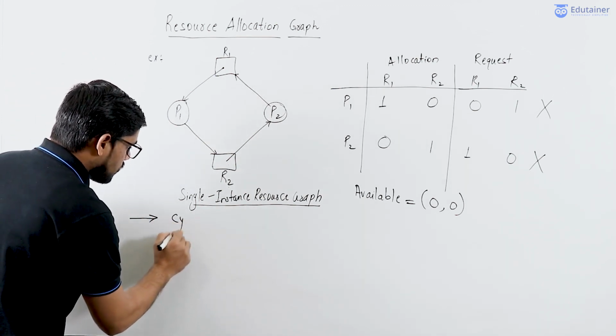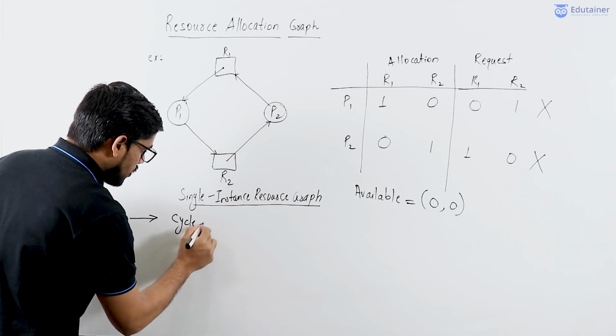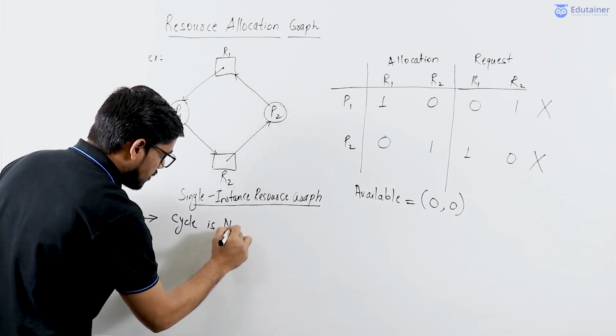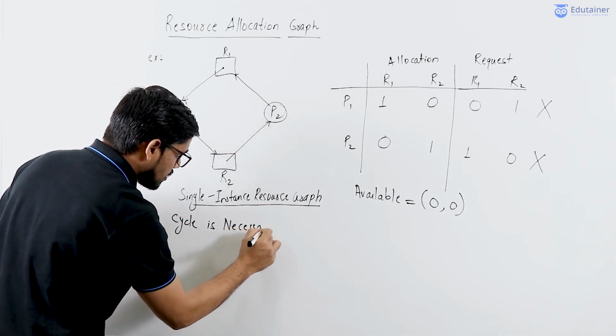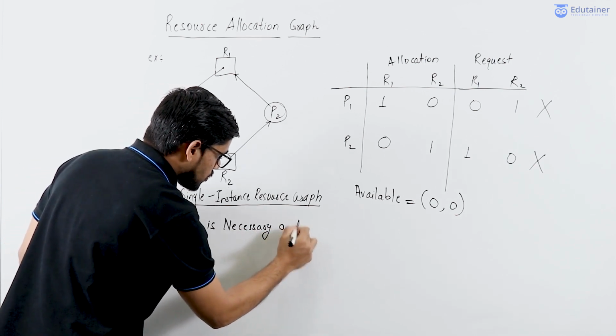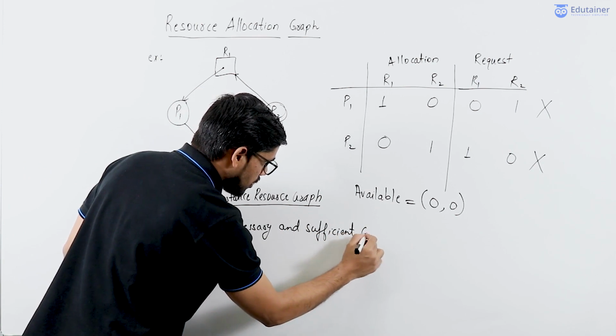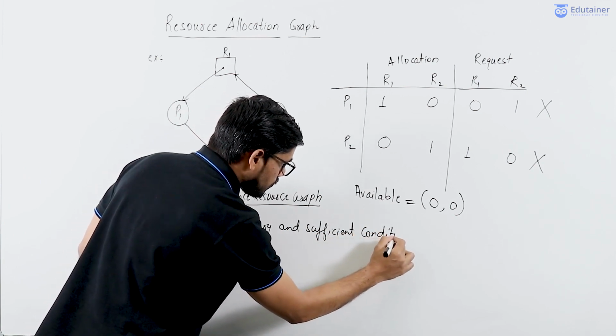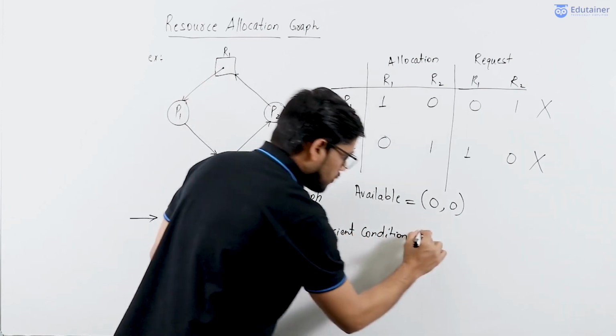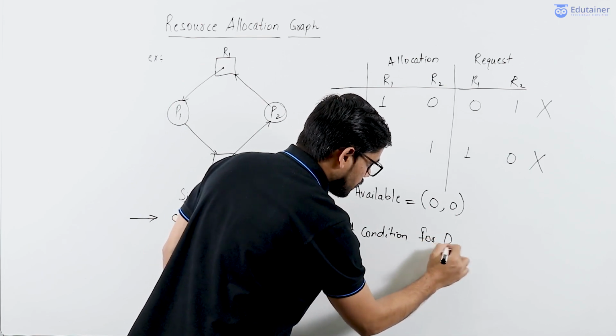So you may note down here: a cycle is a necessary and sufficient condition for detecting deadlock.